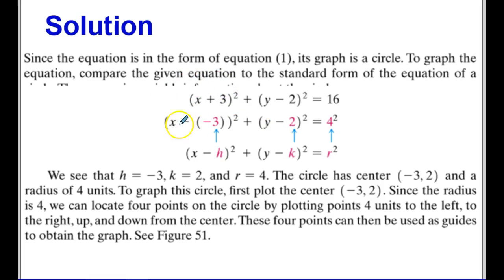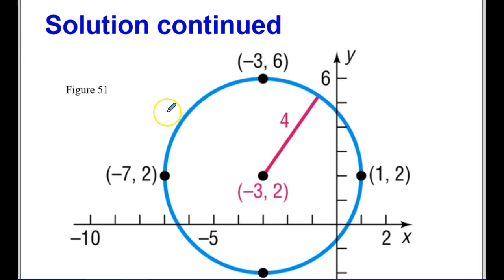So once I rewrite my equation in this form where I have my x minus and my y minus, I can go ahead and deal with the square root of my constant term because that will give me my radius. Now I have my h and my k and my radius. So now I know that my center is at -3, 2. And my radius is going to be 4. So now I just plot this point and I find my radius of 4 and I can graph that entire circle.